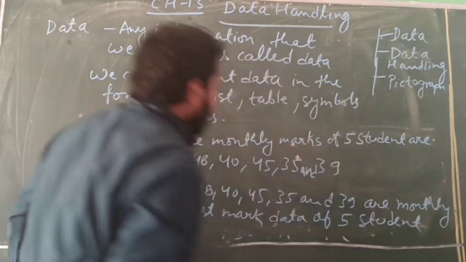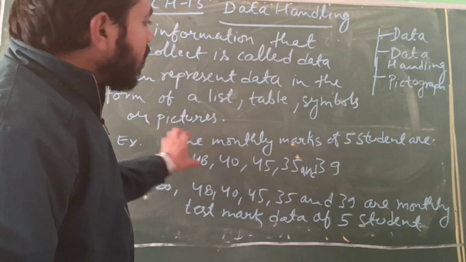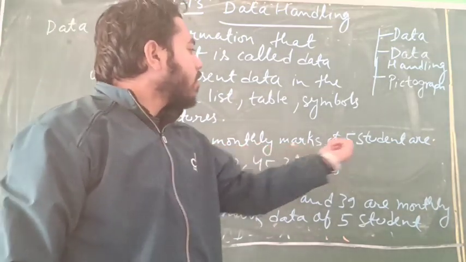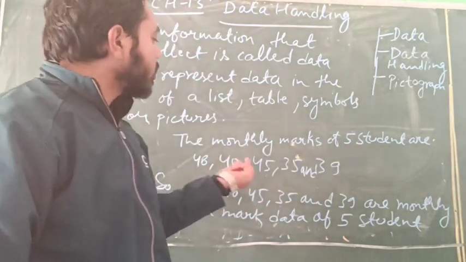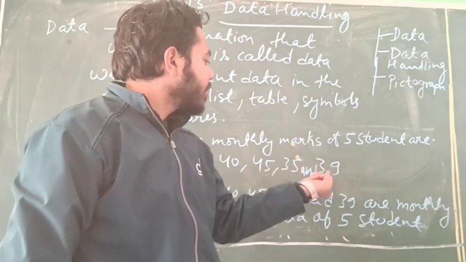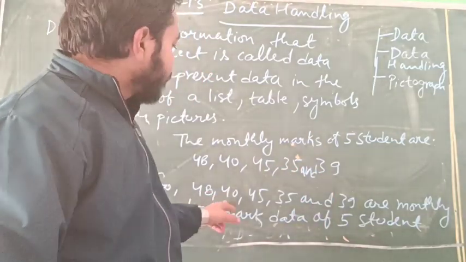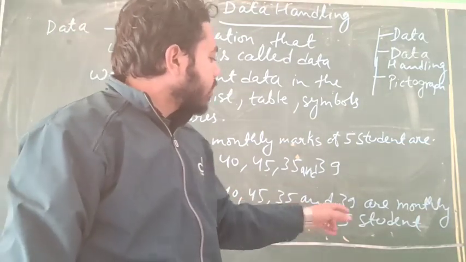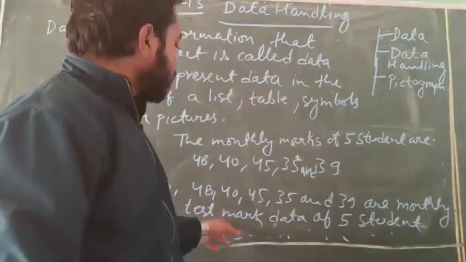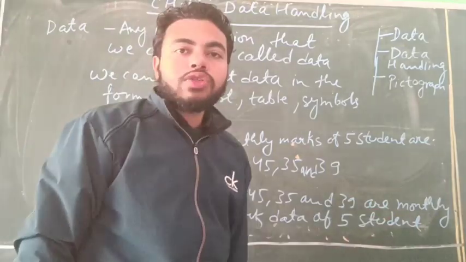Here you see that this is an example of data. The monthly marks of 5 students are 48, 40, 45, 35 and 39.